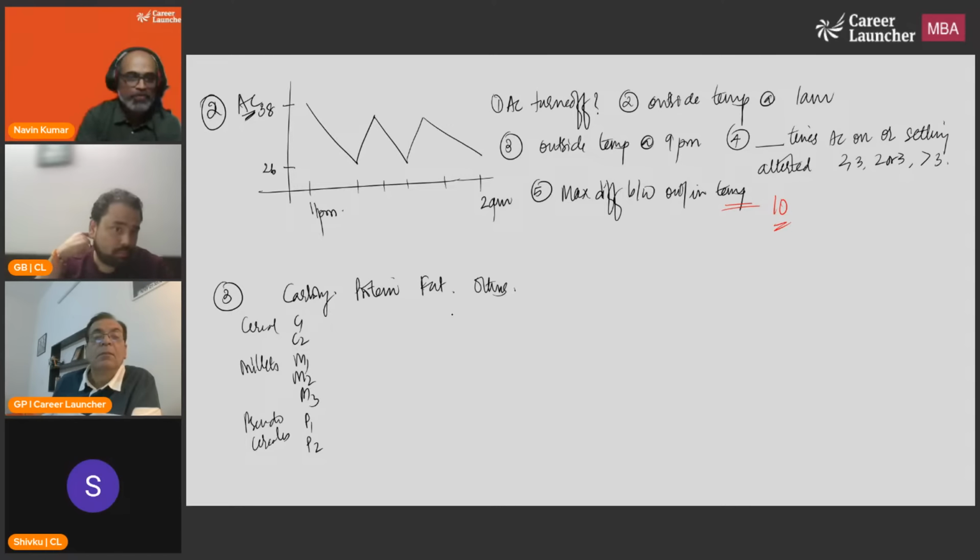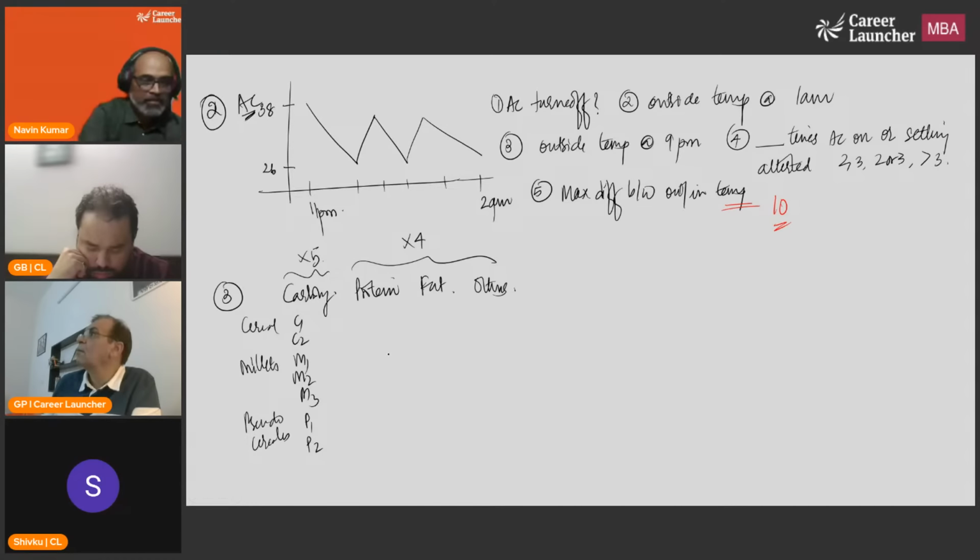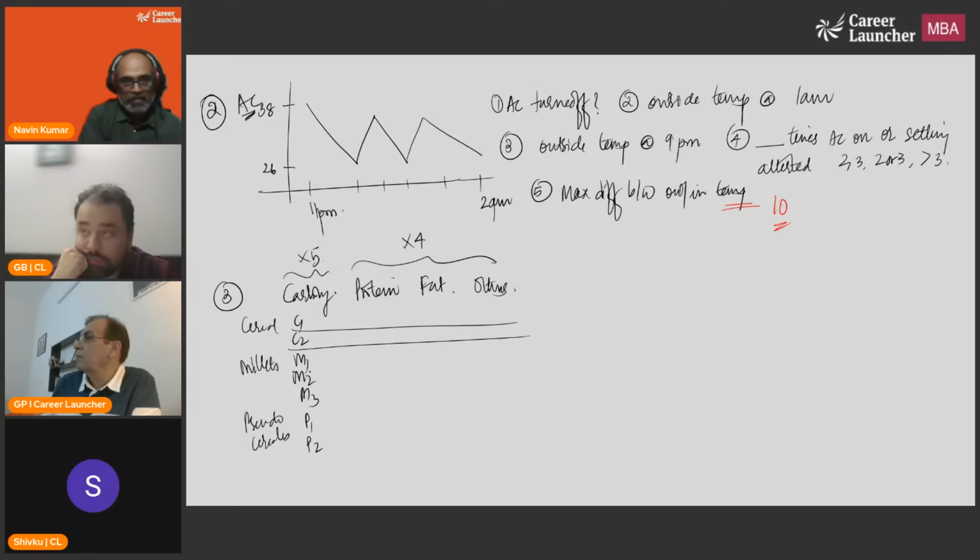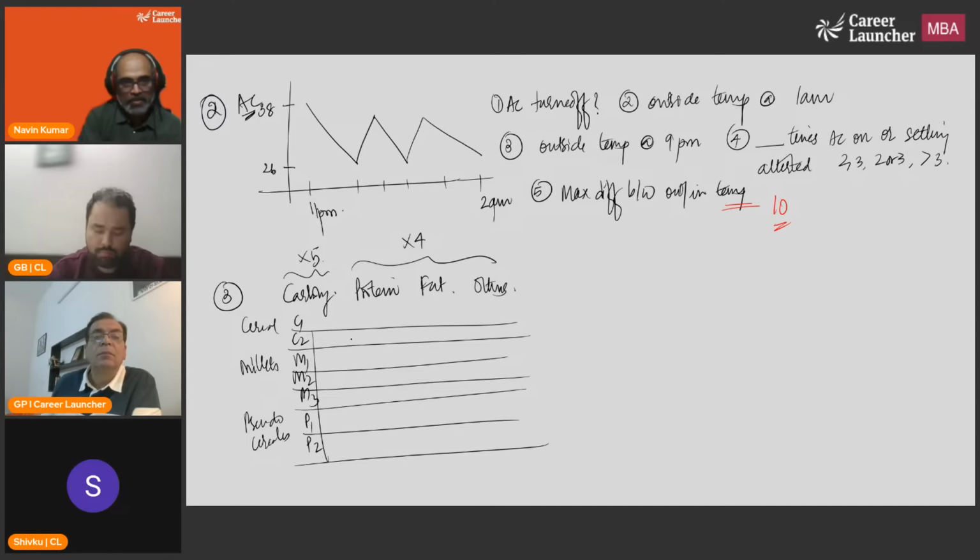And some of the values were given, some of the values were missing. It was given that these three were multiples of 4. This one was a multiple of 5, non-zero multiples. मैं ये बना लेता हूँ.